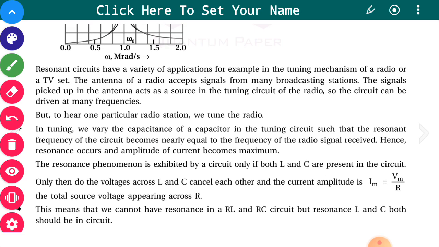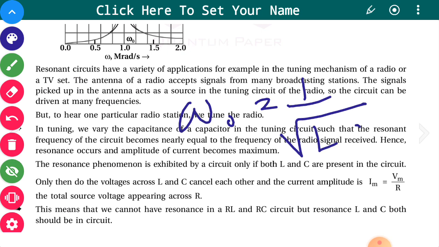So when you are tuning the radio, you are changing the value of the inductor. Try to understand, we have the formula omega 0 is equal to 1 upon root LC. If you change L, then you are changing the inductance in your radio set, so omega 0 of your circuit changes.